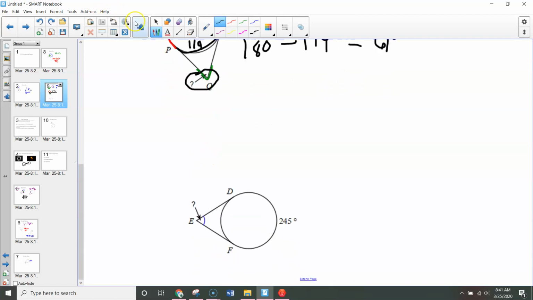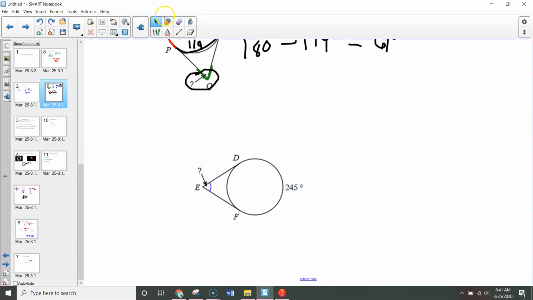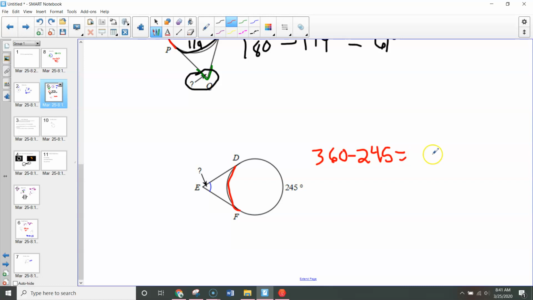Okay, here, go ahead and set up the first part. I want you to find this right here. To do that, I'm going to do 360 minus 245. That gives me 115. And then now I do 180 minus 115.